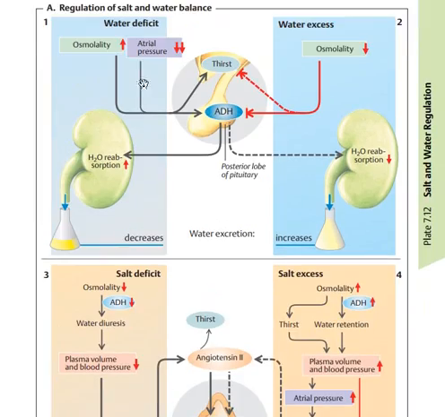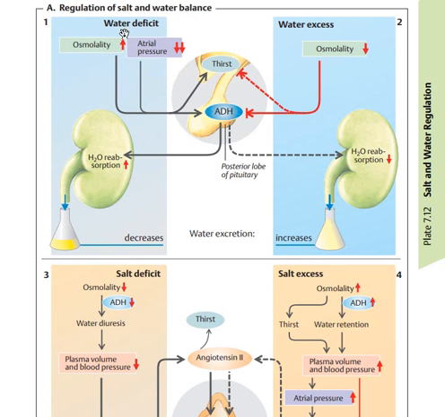So now let's visualize how the salt level of each compartment is going to be regulated. So regulation of salt and water balance: in case that you have a water deficit inside the body, it is going to increase the osmolality and reduce the arterial pressure.